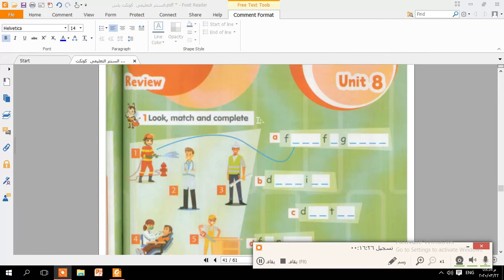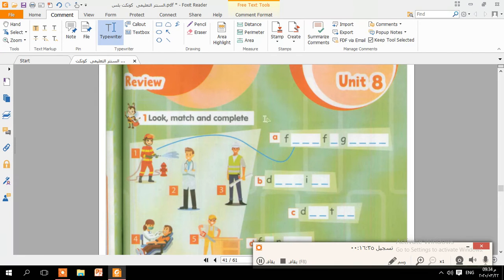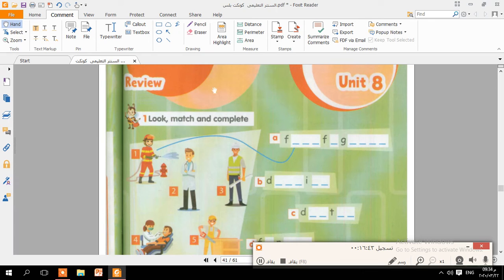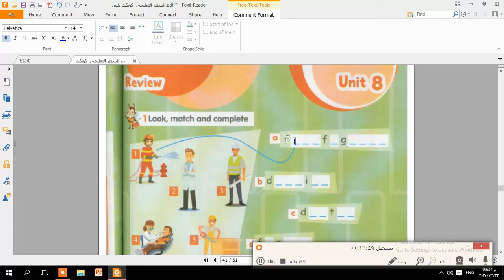Look, match, and complete. Number 1, A. It's a firefighter. We should complete the word. Fire, fighter, T-E-R, firefighter.